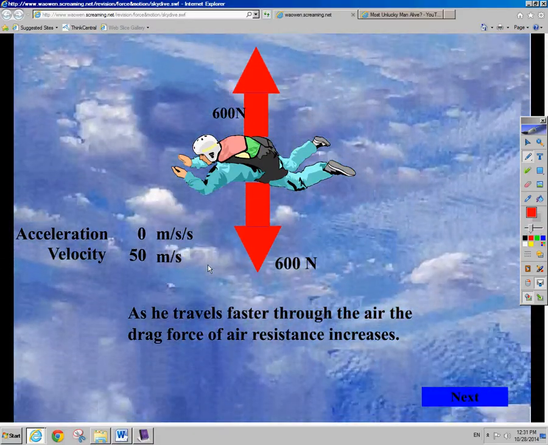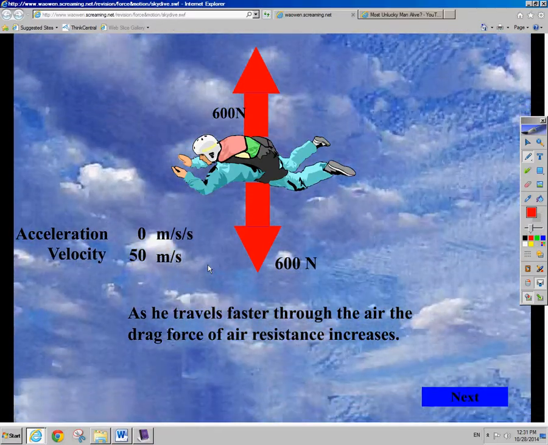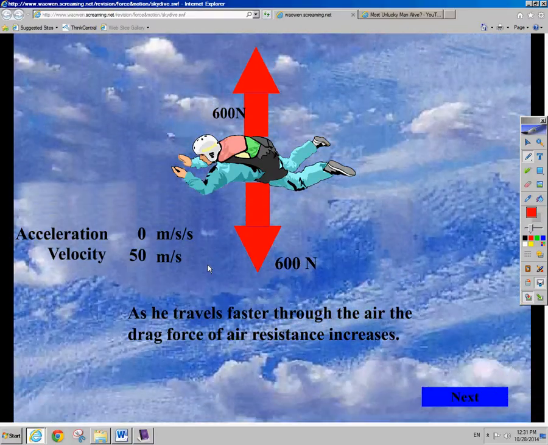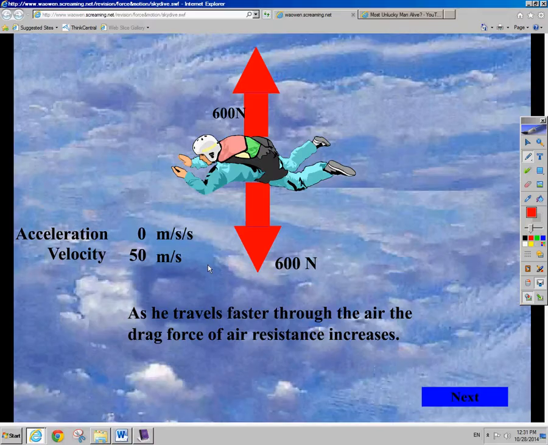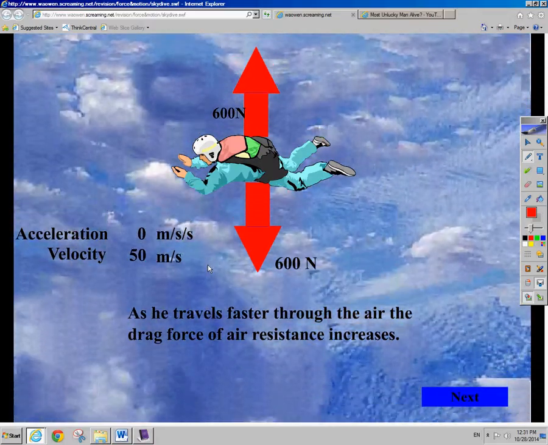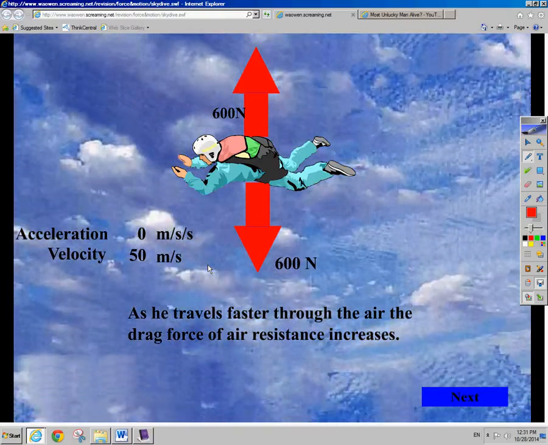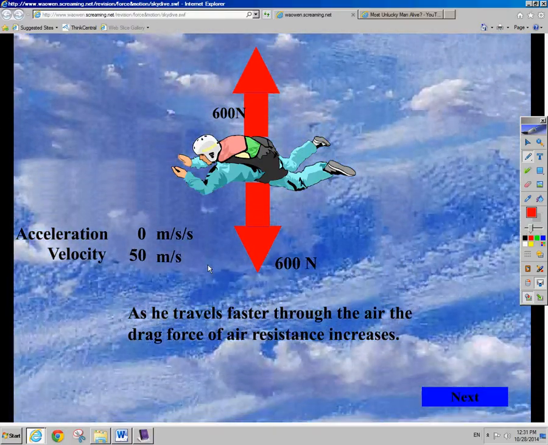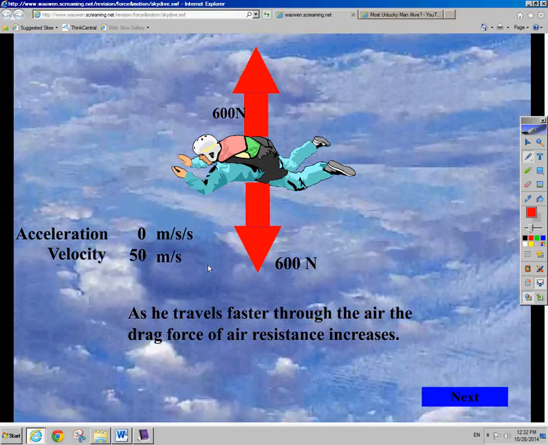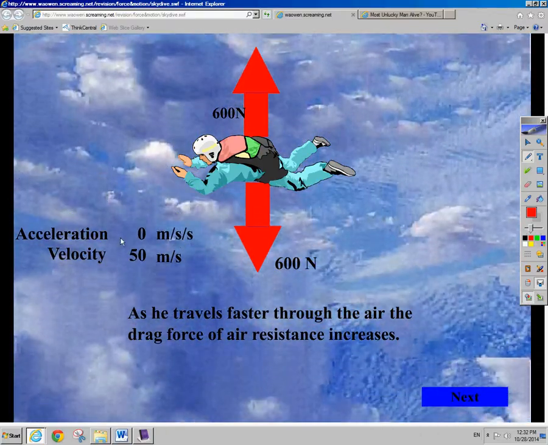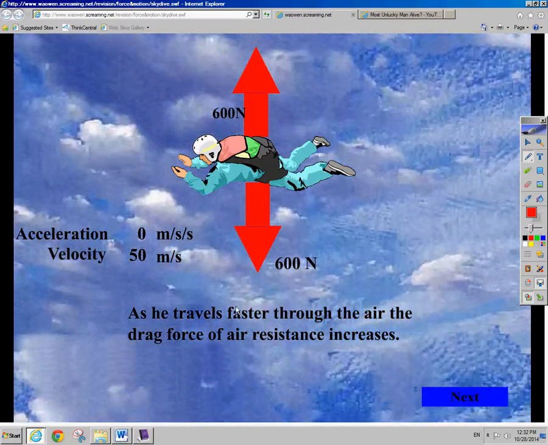Now, at this point, the skydiver has reached his terminal velocity. It could be anywhere from 100 miles per hour to 120, 130 miles per hour, depending on if they're tucked in a ball or spread out like a pancake. Remember, 50 meters per second is roughly 100 miles per hour. But notice at this point the acceleration is zero. They're not speeding up. They're moving with a constant velocity.